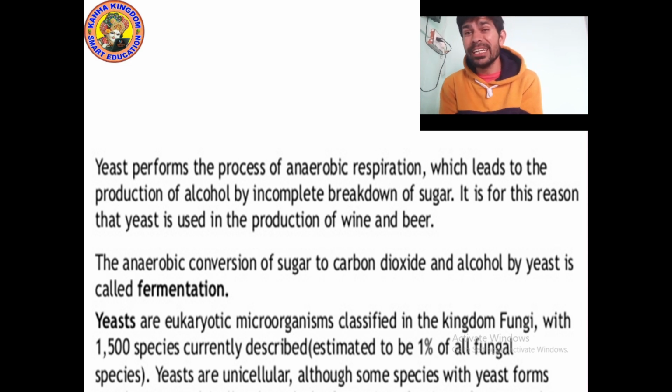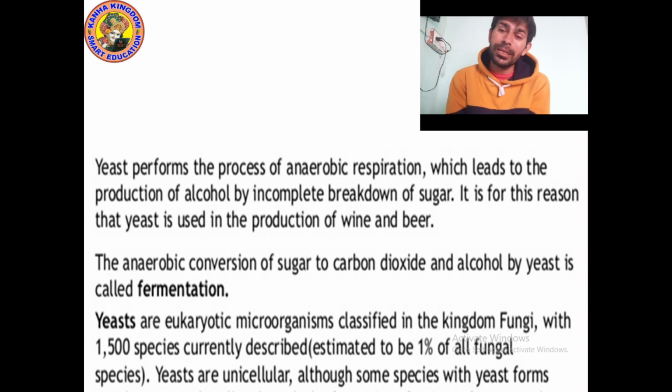The wine seller and beer seller use yeast to produce wine and beer. Yeast is from the kingdom of fungi, which are microorganisms.